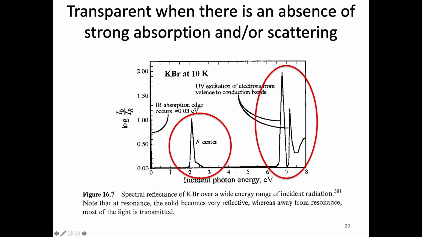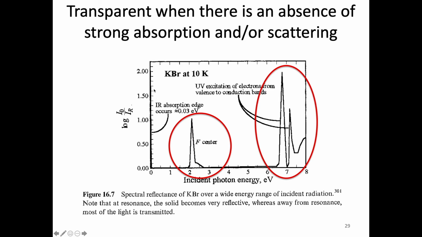And so in this case, since this is looking at what is reflected, any peak that we see or anything that goes above zero indicates reflection, right? So here we actually have different phenomena occurring, either absorption or scattering.